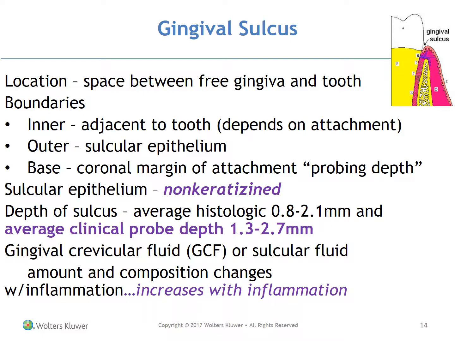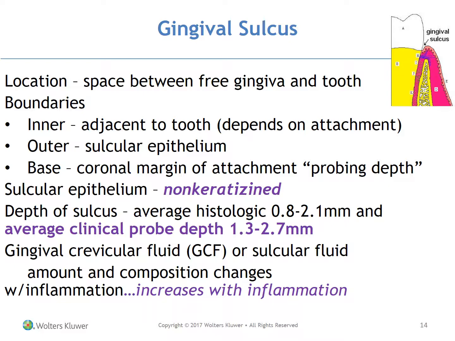Depth of the sulcus, average histologic is going to be 0.8 to 2.1 millimeters, and the average clinical probing depth, notice how these are in purple, make sure you know those, is 1.3 to 2.7. Of course, when we are probing, we are rounding to a whole number, but you need to know the average clinical probe depth.